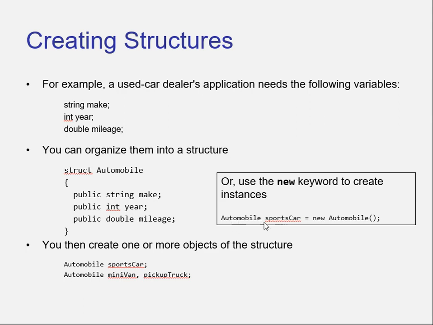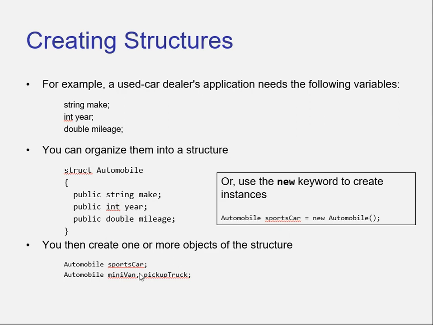It will create in memory, on the stack, a variable called sportsCar. And we're going to tether that up onto the heap, so it's a reference type, and create a new instance of this object called Automobile. And sportsCar is now going to inherit these 3 fields called make, model, and mileage.